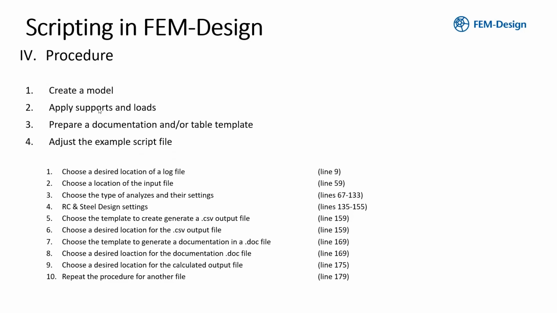As I already mentioned, you start with creating a model with applied supports and loads, then documentation templates, and finally you adjust the script. And those 10 points at the bottom of your screen with corresponding lines are lines that need to be adapted, or that you can edit for your purpose according to your needs.